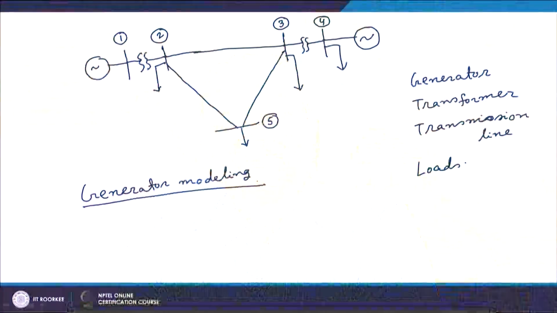Now, depending upon the study we perform, any generator can be modeled in any kind of detail, but for the purpose of this particular course, we would be modeling a generator only by a simple voltage source.